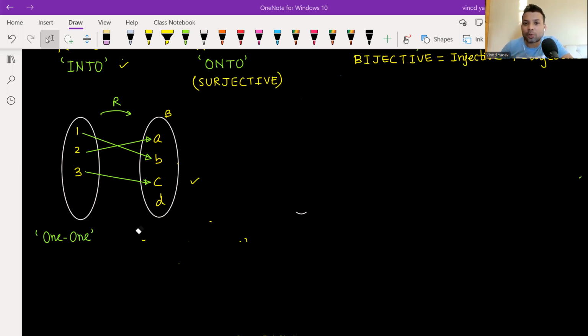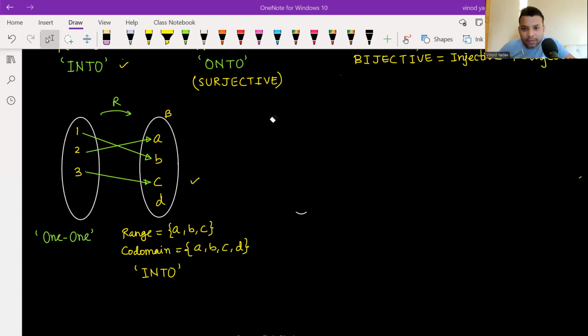Observe set B, that is the codomain, and the range. Here the range is what? The set of all the images. So A, B, and C only. Codomain is A, B, C, D. So here the range is lesser than the codomain. So yes, it's a proper subset. So it's an into relation, isn't it? So it is one to one and into.